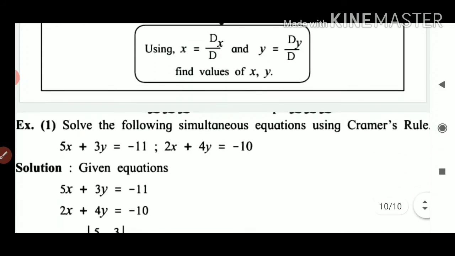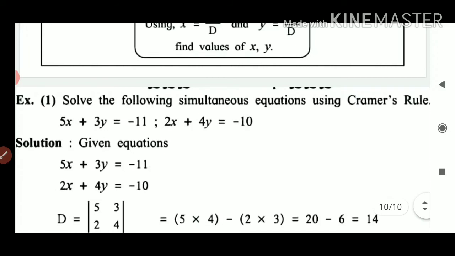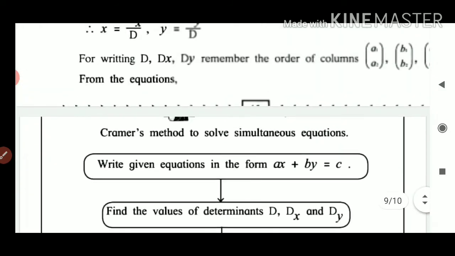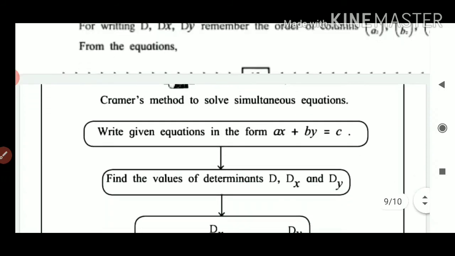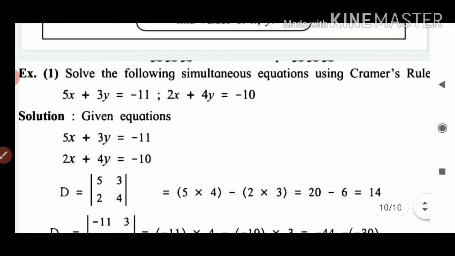Now we have to solve the following simultaneous equation using Cramer's rule. See here, 5x plus 3y is equal to minus 11, 2x plus 4y is equal to minus 10. We first write these two equations in terms of ax plus by is equal to c.